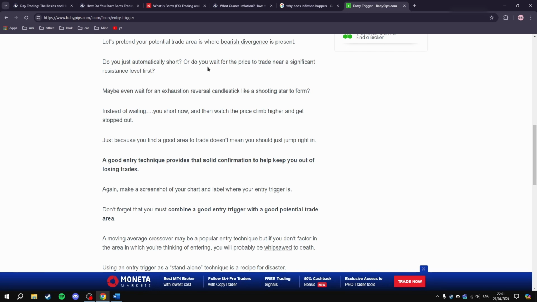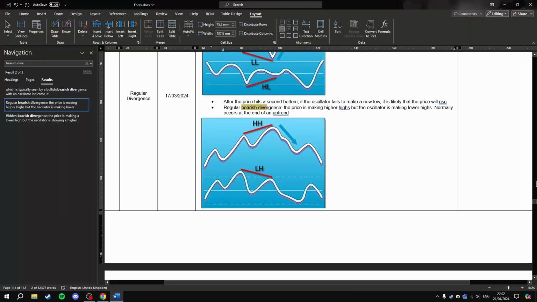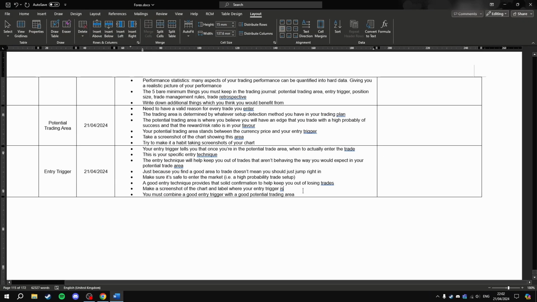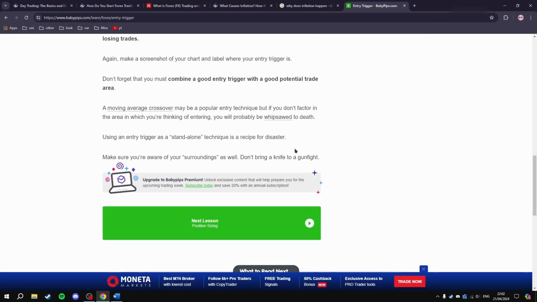So that's probably what you write, and then next time you learn your lesson: don't automatically go in, wait for a confirmation that the price is actually going to go down, and then enter. That's what I'm getting at from these entry triggers.